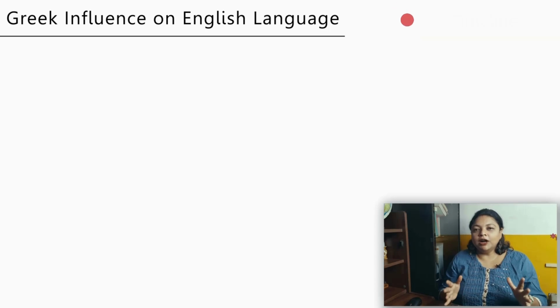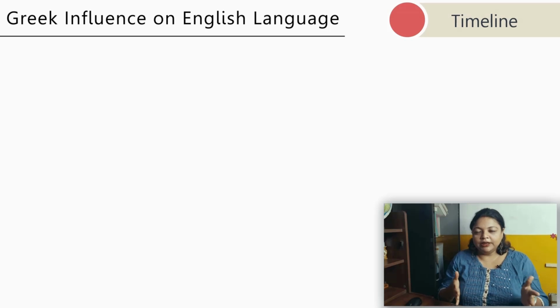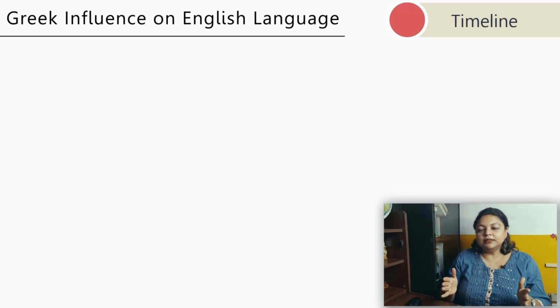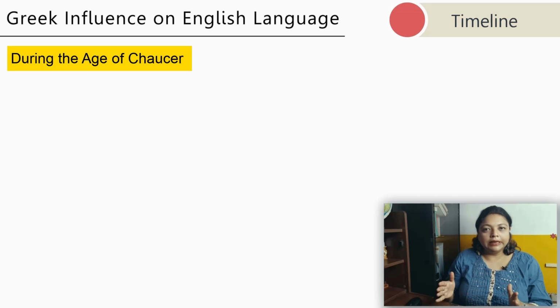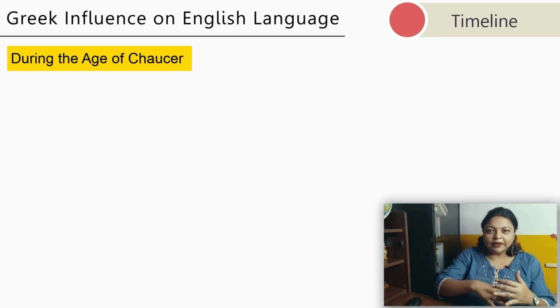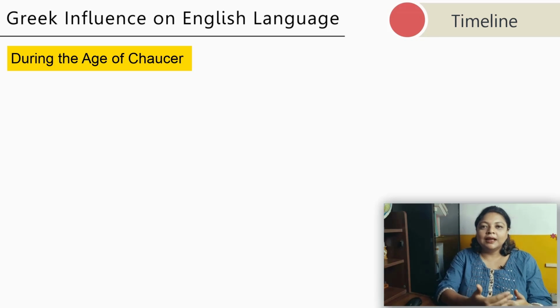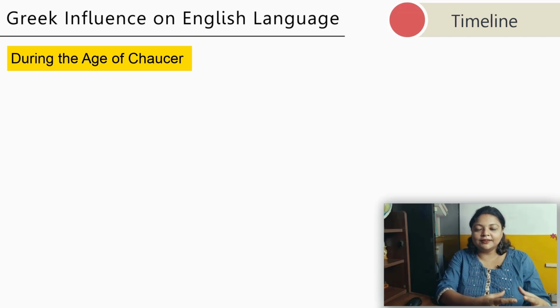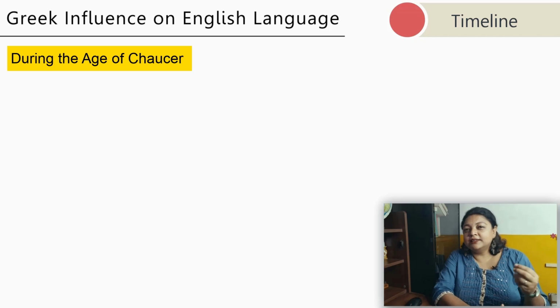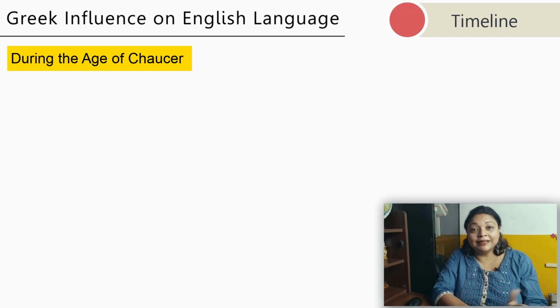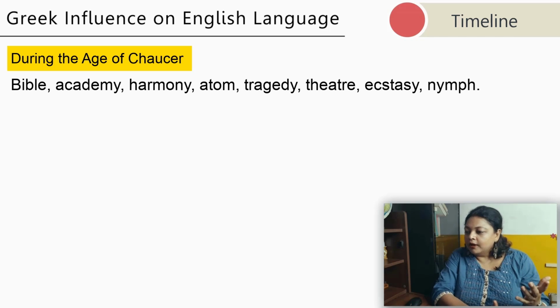All right, the first influence of the Greek language may be seen during the close of the Middle Ages. Just when the world was turning towards that moment of Renaissance, during the fag end of the Middle Ages, the age of Chaucer that is, then we see some words of Greek language entering into the vocabulary of English. Let's look at the examples here.